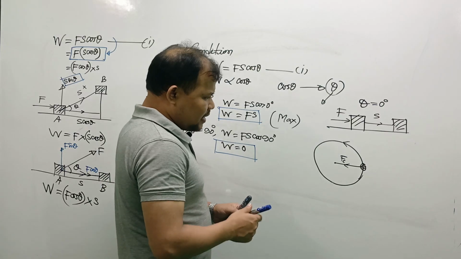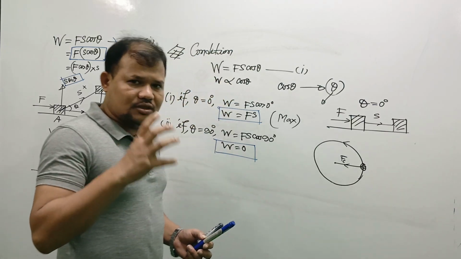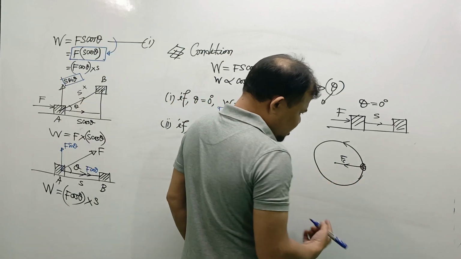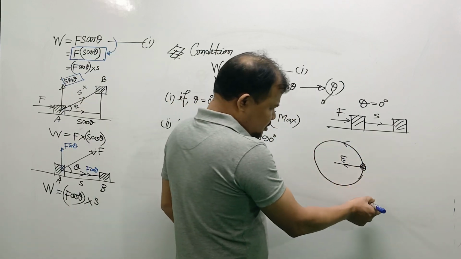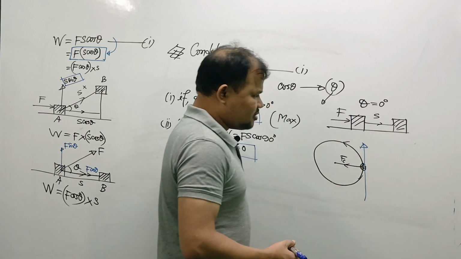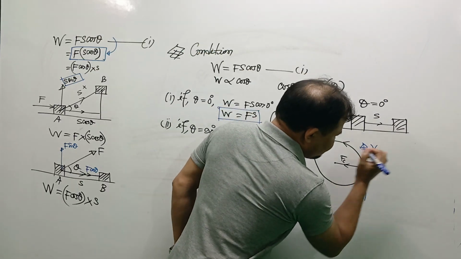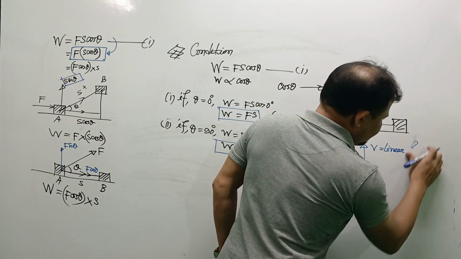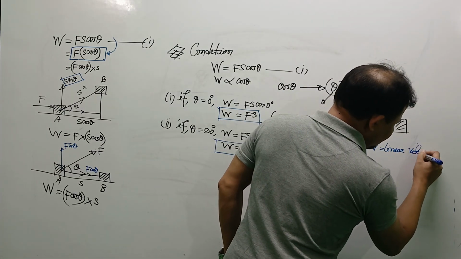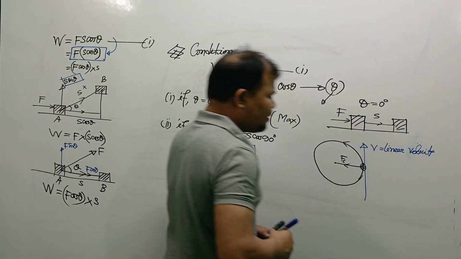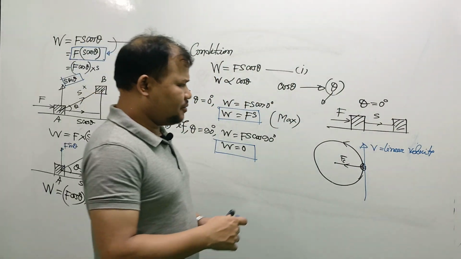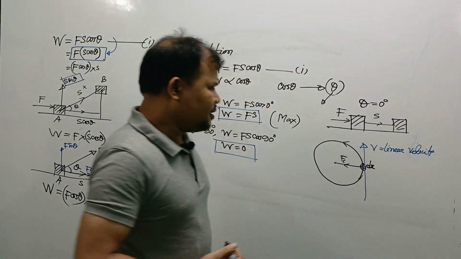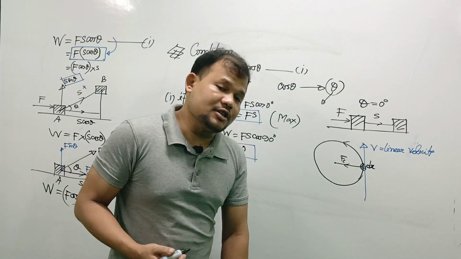At any point on the circumference of the circle, if we draw the tangent, this tangent represents the direction of the linear velocity. Because of this linear velocity, there is a displacement. The name of this displacement is linear displacement.